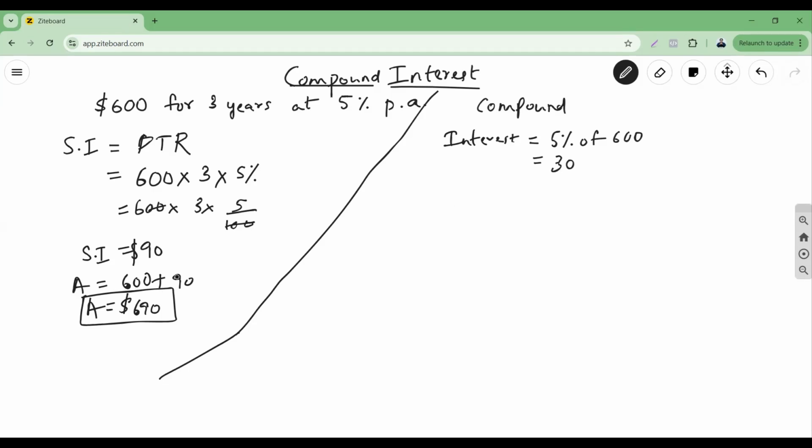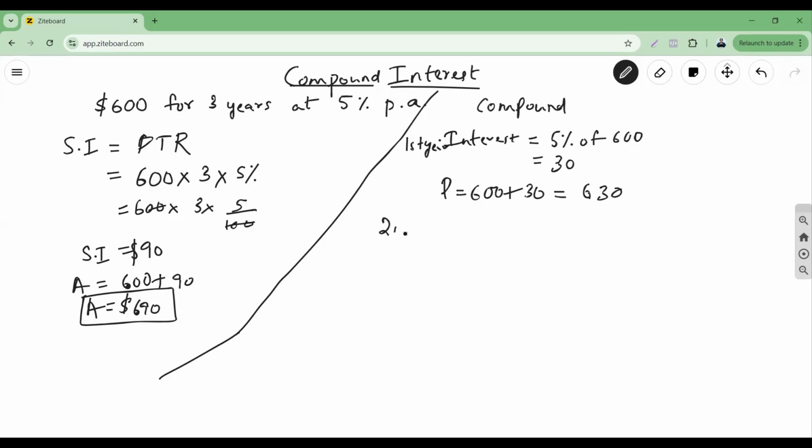So the first year's interest is $30. What I'm going to do is say my actual principal now is not $600, it is 600 plus 30, so $630 now.